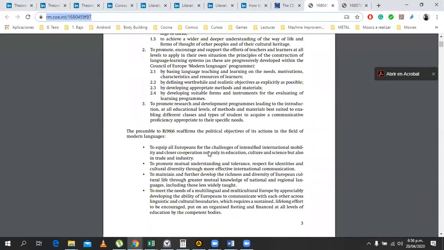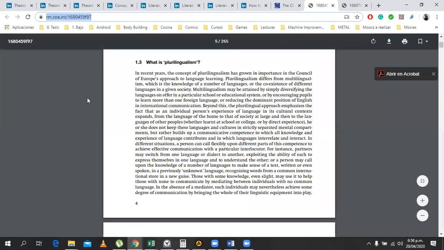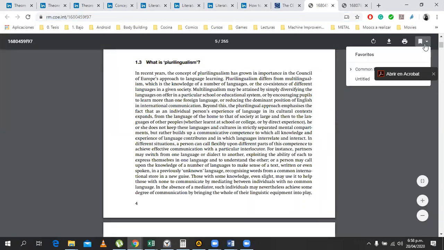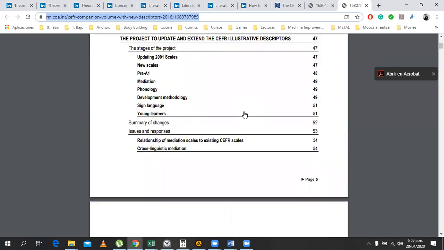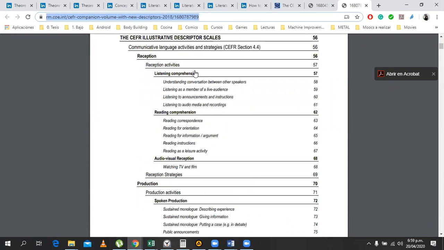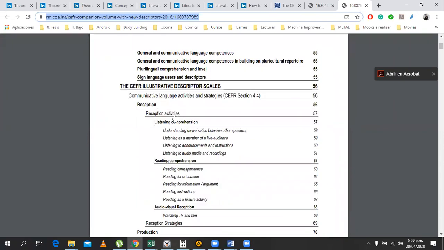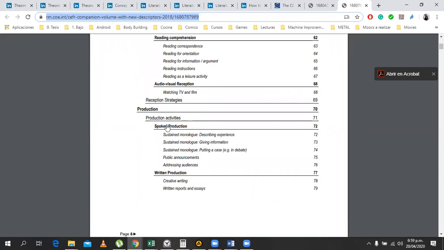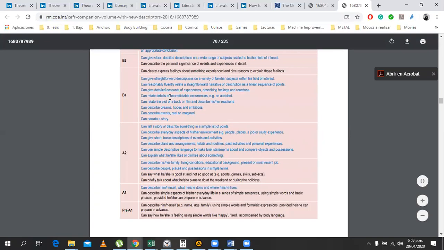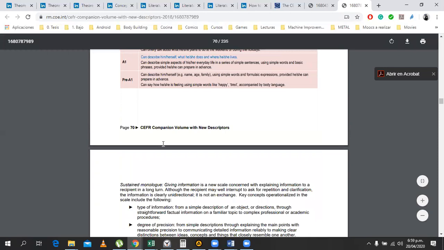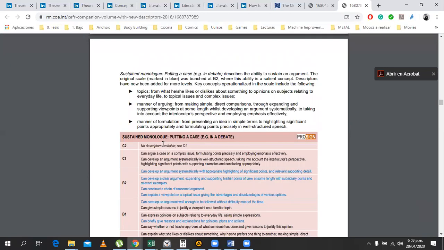Because right here, for example, it is going to tell you what to take into account for each one of those parameters, right? For example, study descriptors, reception activities, production activities, spoken production, right? So right here, it tells you what you are going to take into account for the C1 and C2 levels, like a description.